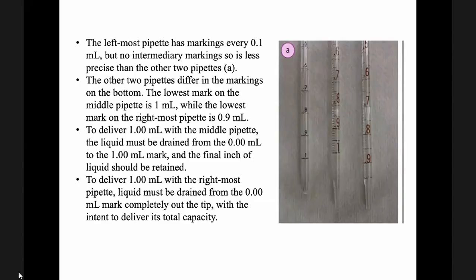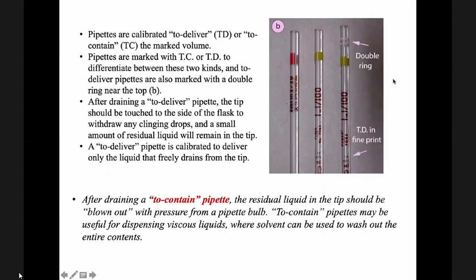So, alam, kung double ring, amo ni siya. Tapos, may edge mark na siya sa dalom. Ano yung edge mark na double ring? So after draining, to contain pipette.